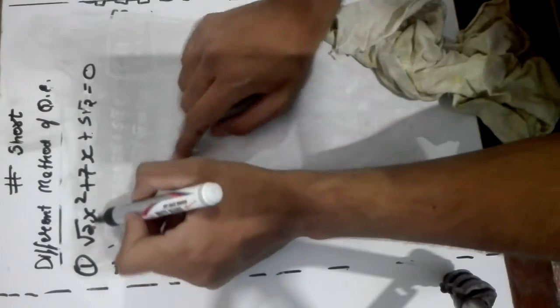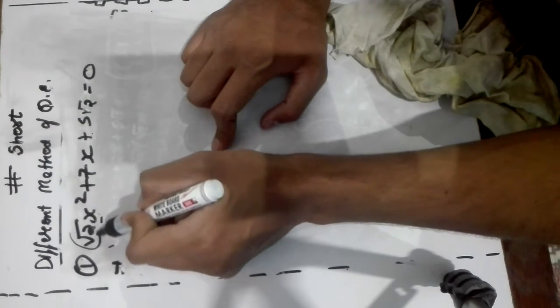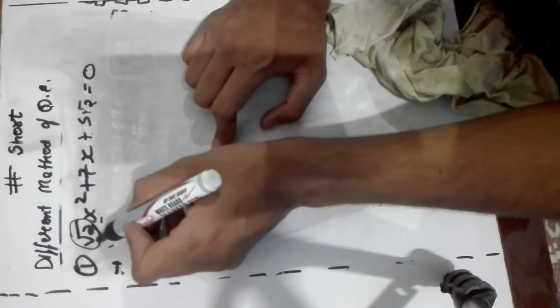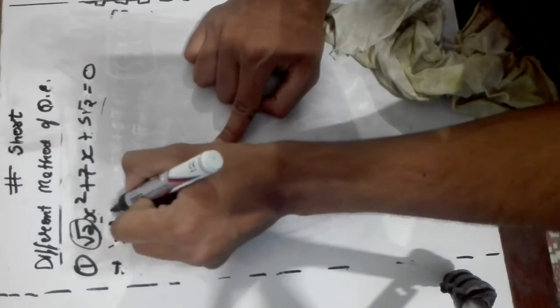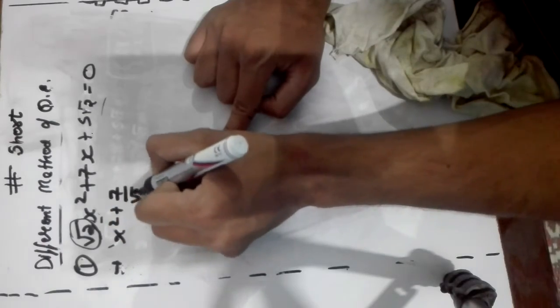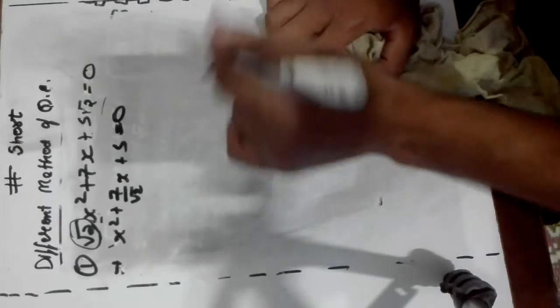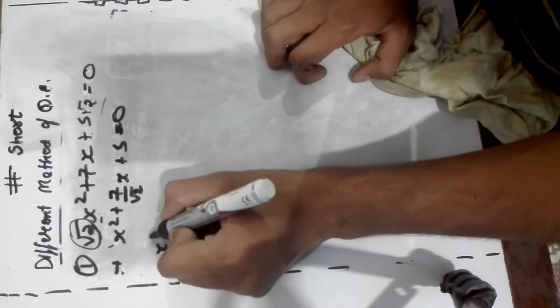The first rule is that for x square there should be no numerical value, so I will divide this by the whole term. So we have x square plus 7 by root 2 x plus 5 equals to 0. Now you get a new term. Let's just solve as I teach you.